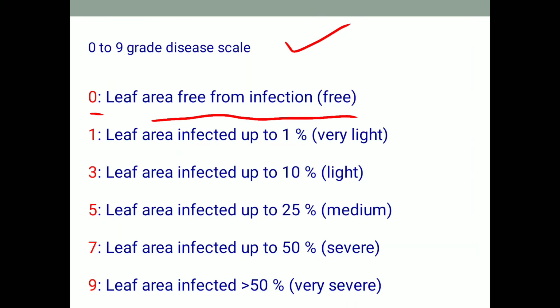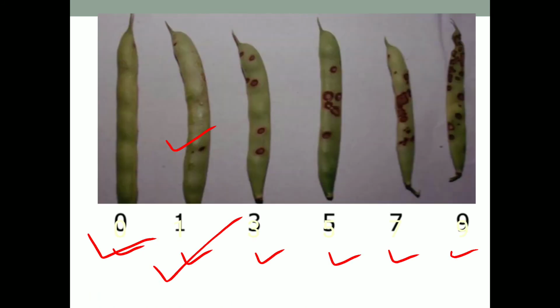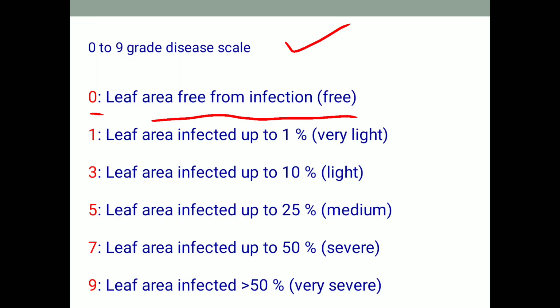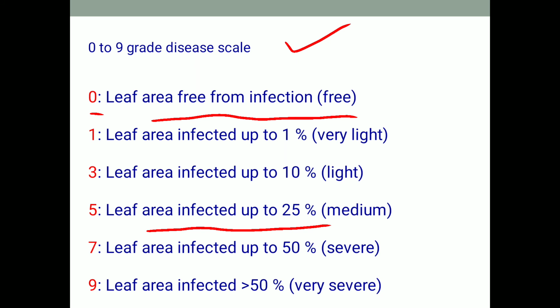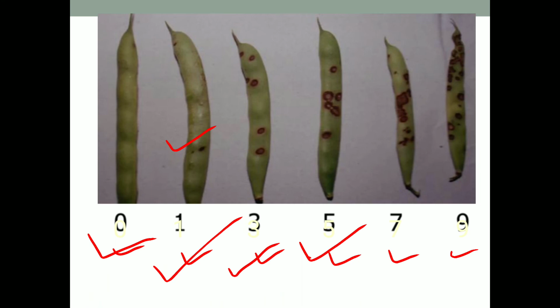Next, grade 3, leaf area infected up to 10%, that is, if you see the third grade, infection takes place but only up to 10%. In grade 5, leaf area infected up to 25%, that is, the fifth picture shows that 25% area is infected by the disease. Then in grade 7, leaf area infected up to 50%, that is severe damage. Leaf area is infected up to 50%.